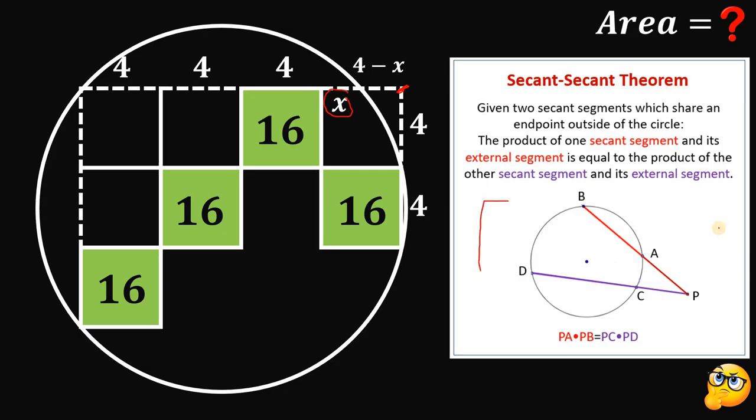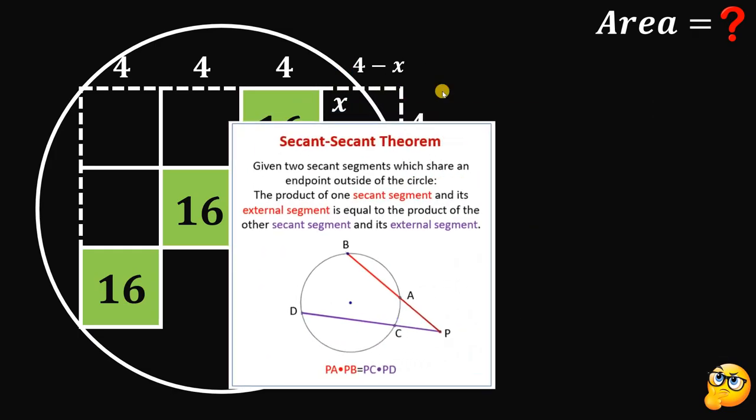So given this figure, I provide another figure. We can say that PA multiplied by PB must be equal to PC multiplied by PD. Using this concept, we can now solve for the value of x.